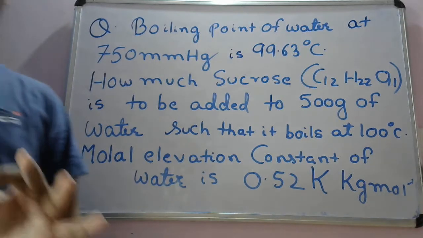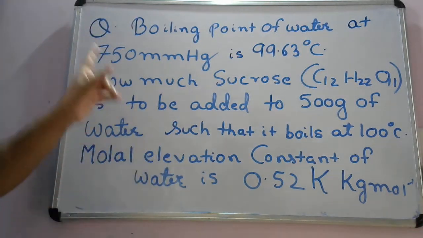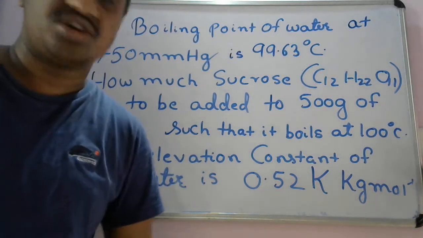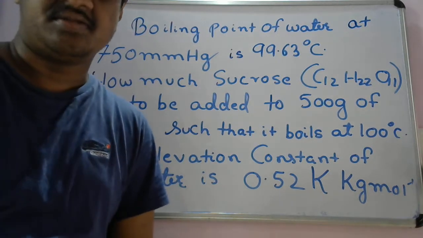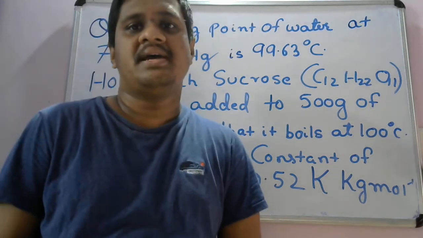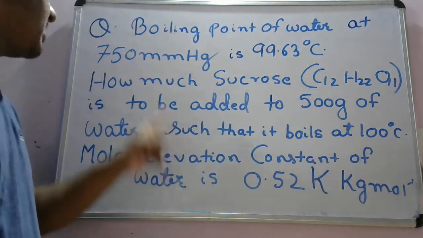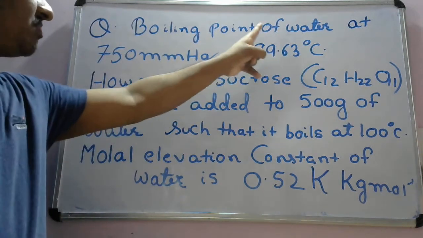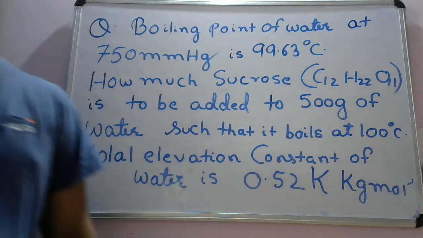That is, the boiling point of a pure solvent is given. How much sucrose is to be added to 500 grams of water such that it boils at 100 degrees Celsius? It is asking us to calculate the mass of sucrose that we have to add to this pure water such that it boils at 100 degrees Celsius.